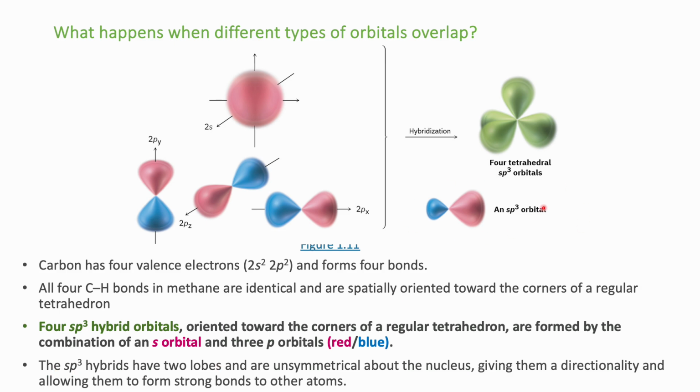Now, these hybrid orbitals on their own are unsymmetrical, but that's okay. But they do bond in a certain direction. So notice that the bigger lobe is always on the end, which makes sense. It gives more space for the electrons. Remember, electrons like their space.